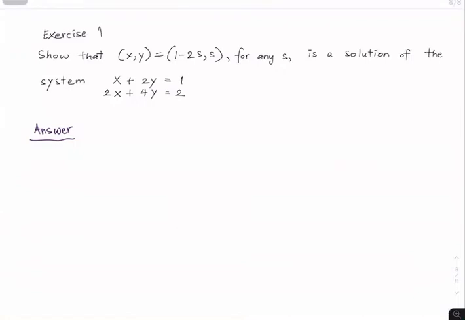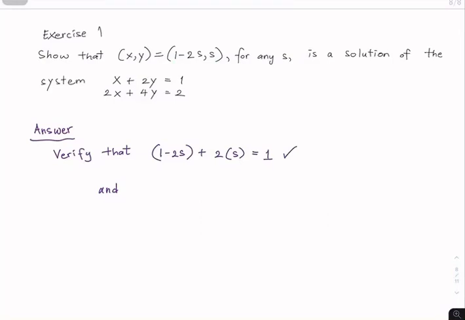Okay, to show that this set of pairs for any s is a solution of the system, we only need to verify the following. I will substitute x with 1 minus 2s, and y with s. This is the first equation, and indeed, it is equal to 1. I also verify that if I substitute these values into x and y for the second equation, I also get something consistent.